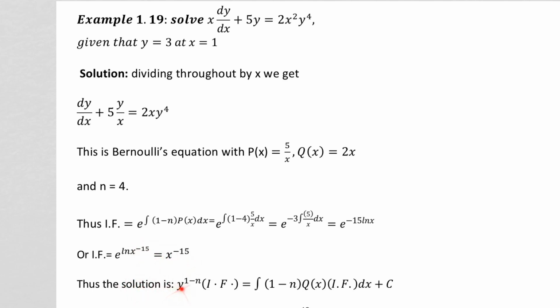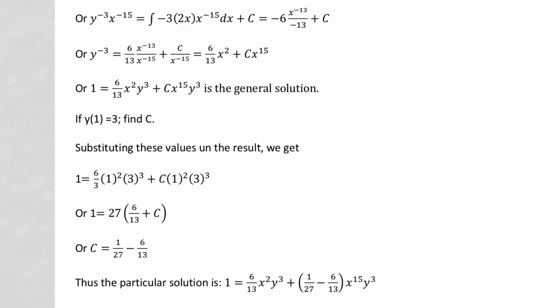Thus the solution is y raised to the power 1 minus n into integrating factor is equal to integral of 1 minus n into qx into integrating factor dx plus c. Therefore y to the power minus 3 into x to the power minus 15 is this, or y to the power minus 3 is this. Dividing throughout by y to the power minus 3, we get this, which is the general solution.